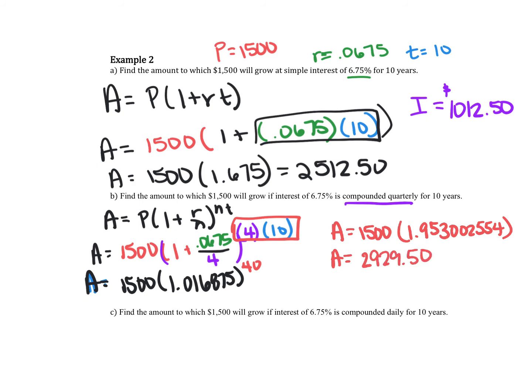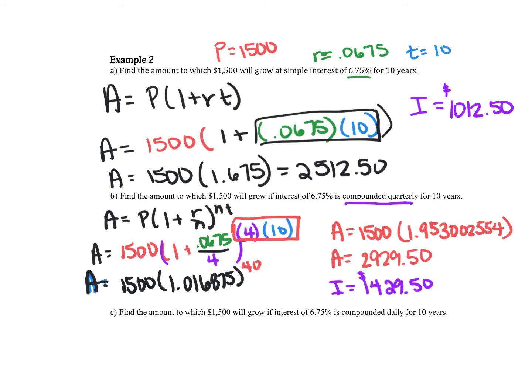And again, if I want to calculate the interest that I've gained on that compounding quarterly, I just subtract 1,500. And I see that my interest, I, is equal to $1,429.50. So if you notice here, when you compound it quarterly, you got almost $400 more than when you did it simple.